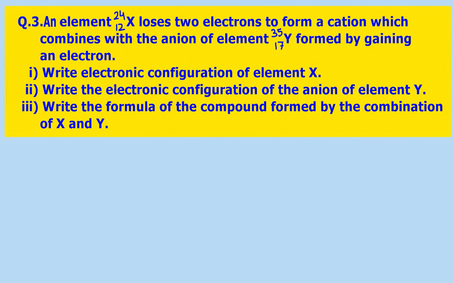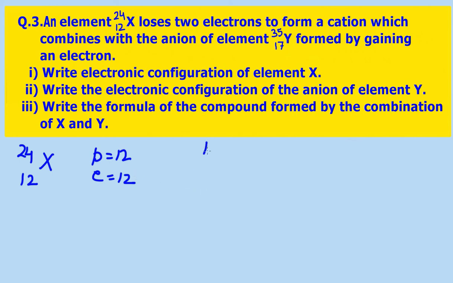So what we need to do to solve the first part? Electronic configuration of X. So what is given here? X is having mass number 24 and atomic number is given 12. It means number of protons in X is 12, number of electrons in X is also 12.